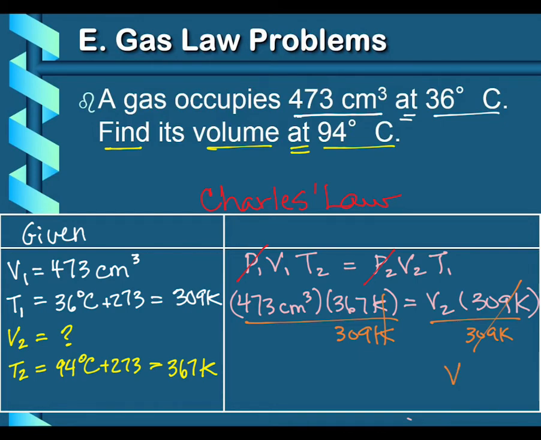That completely cancels out. So we're left with V2 equals something in centimeters cubed. That's good because that is a volume unit. And when you multiply your two top numbers, divide by the 309, you get 562 centimeters cubed as your answer. Make sure you get this entire problem, including the word portion, down. You'll be doing a lot of these problems as we go.